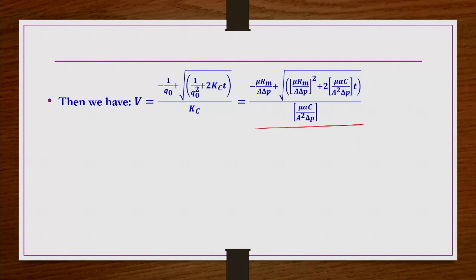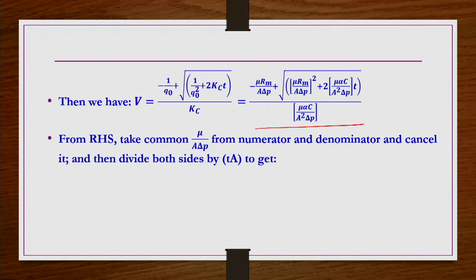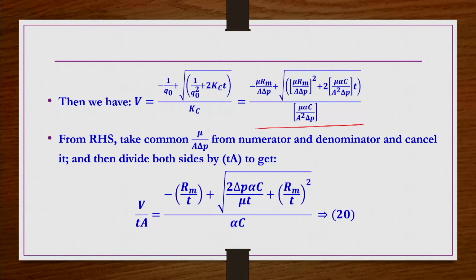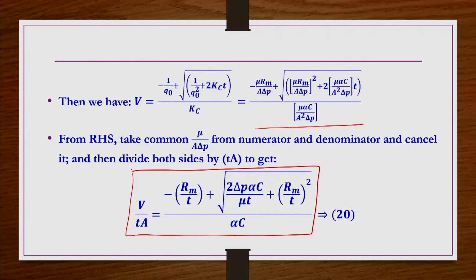From this equation, you take mu by A delta p common from both the numerator and denominator of the right hand side and strike out, and after that step you divide both sides of this equation by A t. Then you will get this equation: V by At or V by tA is equal to minus Rm by t plus square root of (2 delta p alpha c by mu t plus (Rm by t) whole square) divided by alpha c.